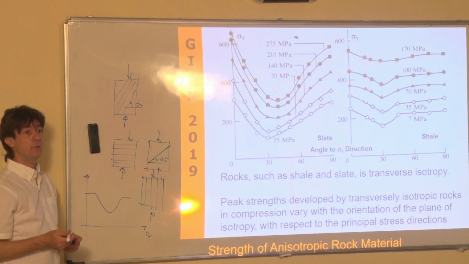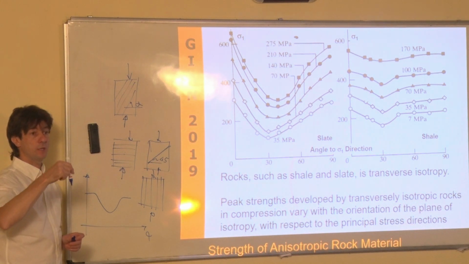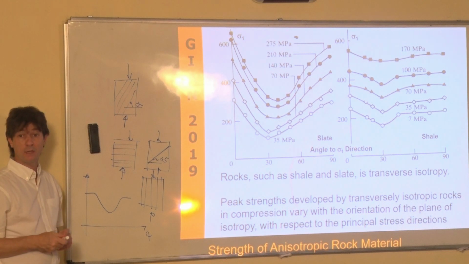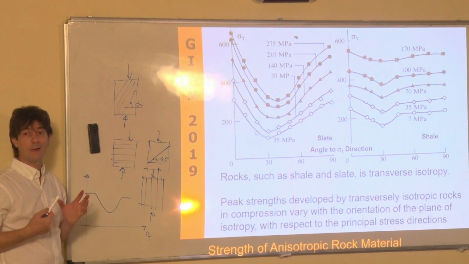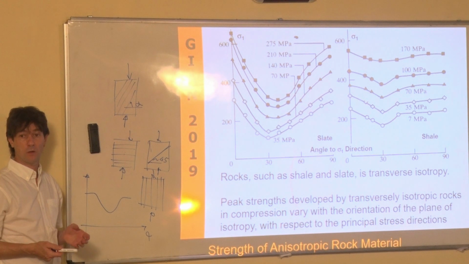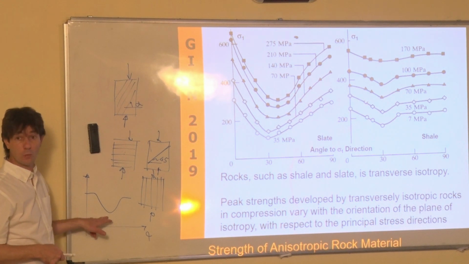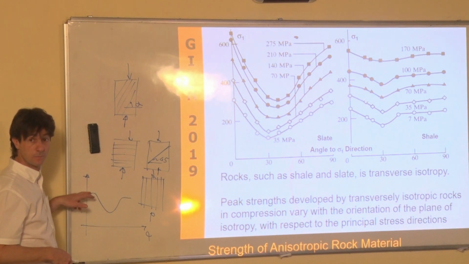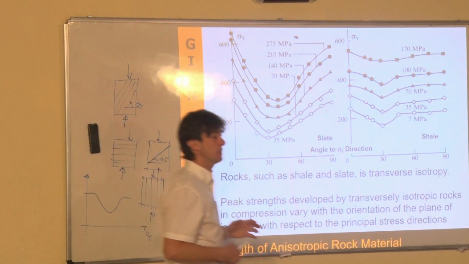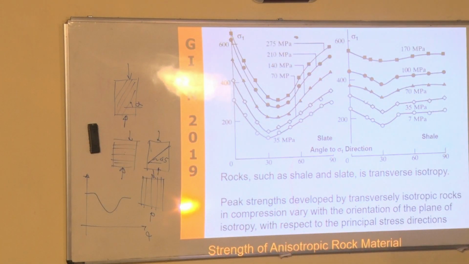It means that depending on the orientation of the loading with respect to the bedding planes, you are going to have a different response of the rock. So some orientations of the rock will fail more easily than others. Okay? And that is actually very important, especially when you are designing an excavation.